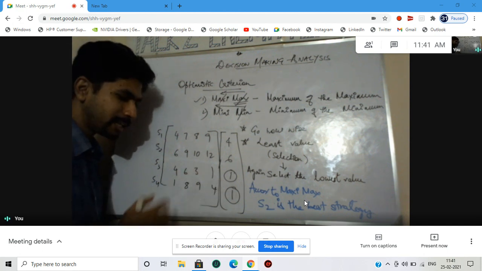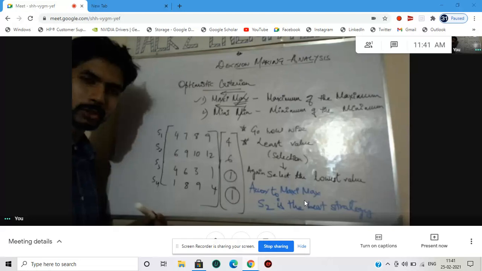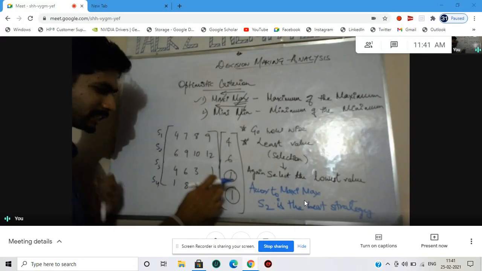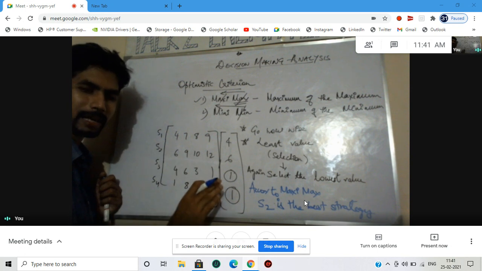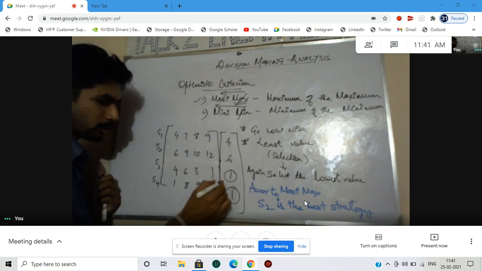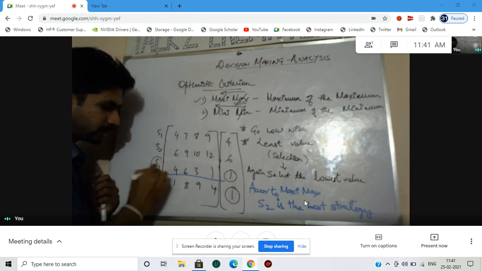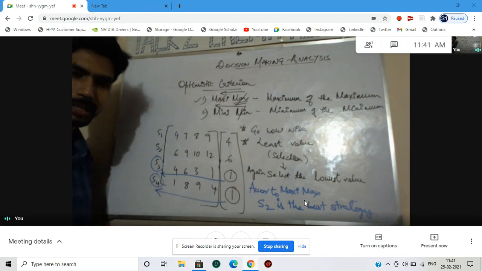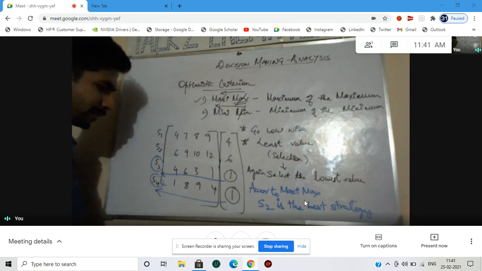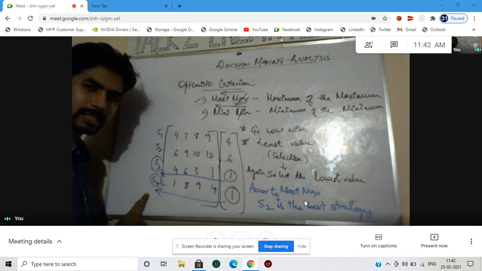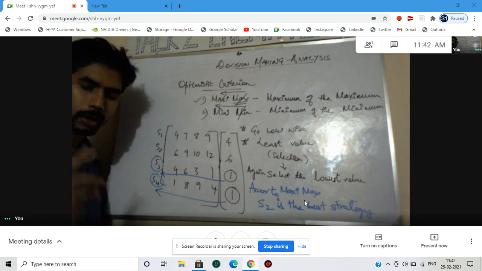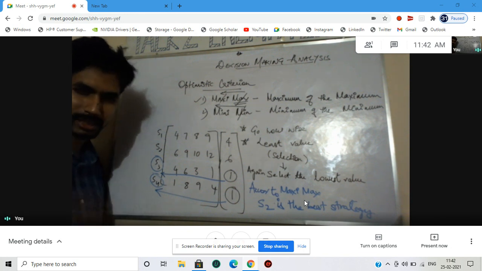So you see which is the corresponding strategy for the least value. So we have 1, 1, it's the least value, and we have got a tie. So you go and see the corresponding strategy. We have two strategies, S3 and S4. So you have two options, which is going to give me the same result.